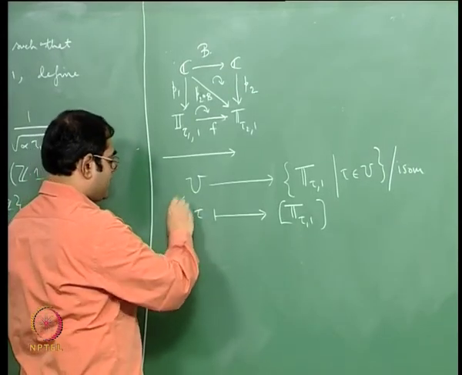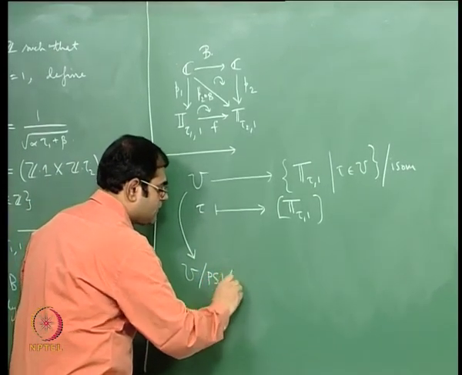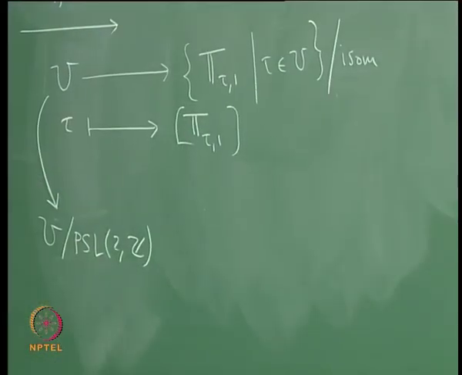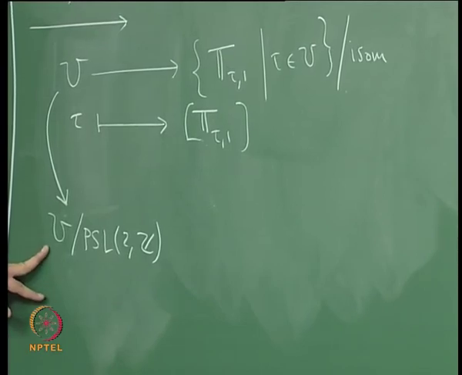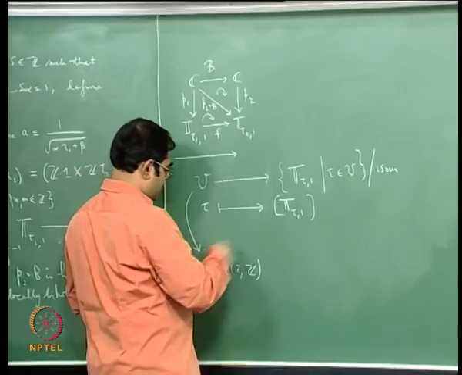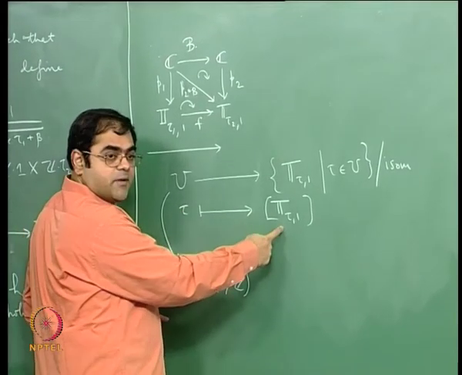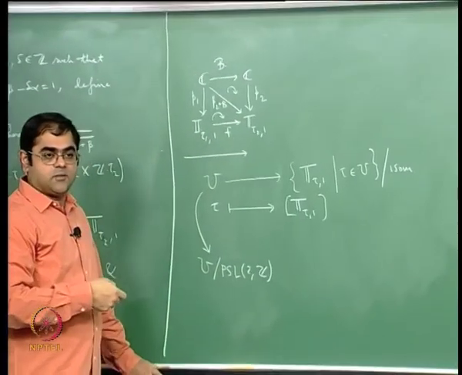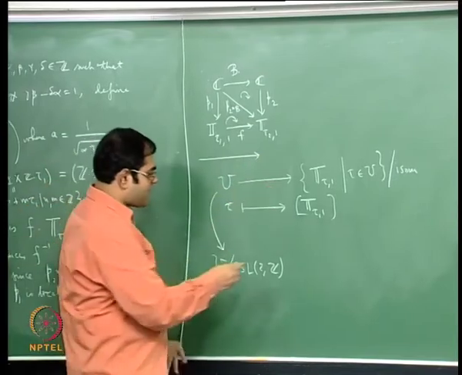So I have the quotient U mod PSL2Z. This is the set of orbits of PSL2Z on the upper half plane, okay, and 2 points go to the same point here if and only if they are movable by an element of PSL2Z, that is what we have proved. So you get a map like this.